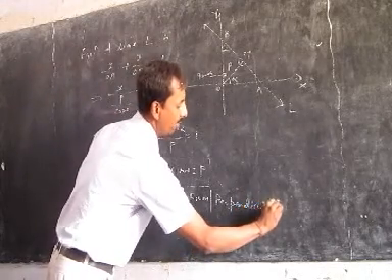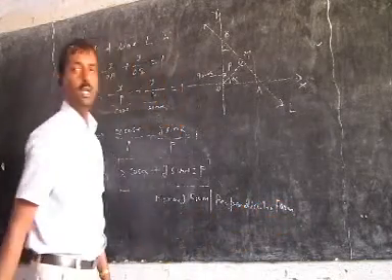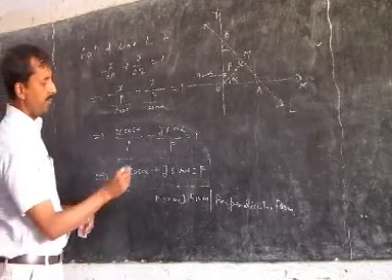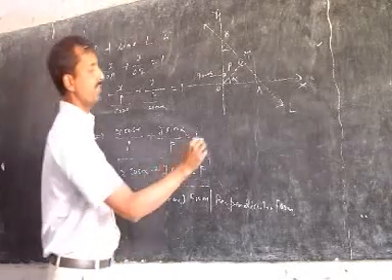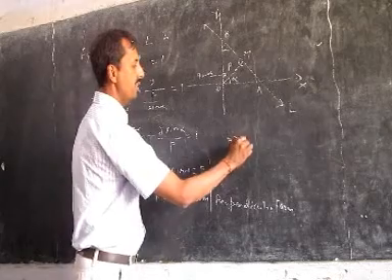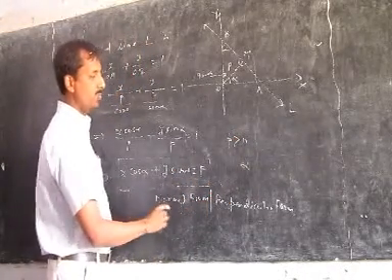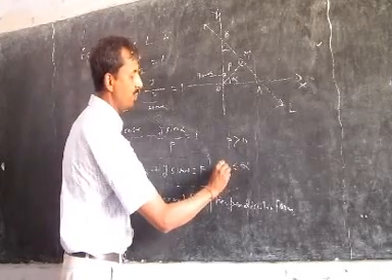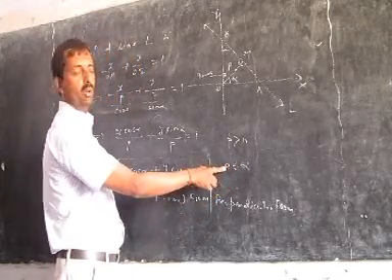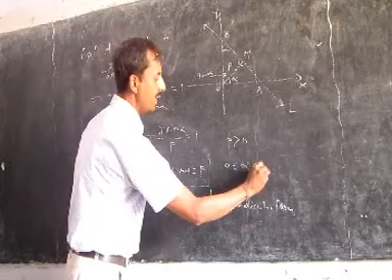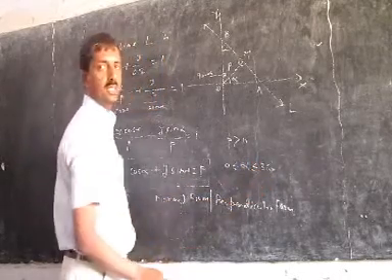Here P is always positive and alpha is always positive. Its variation is that it may be 0 or greater than 0 and less than or equal to 360 degrees.